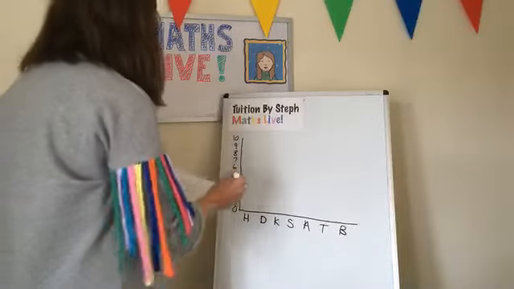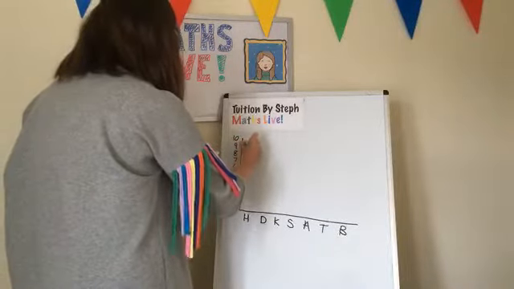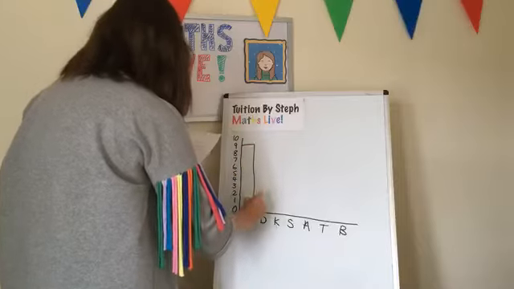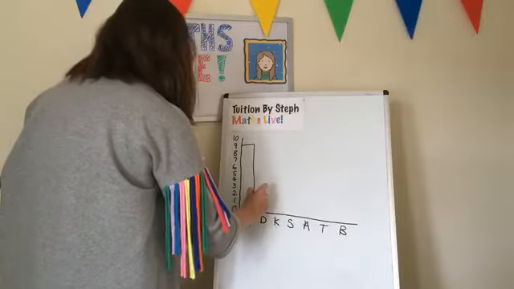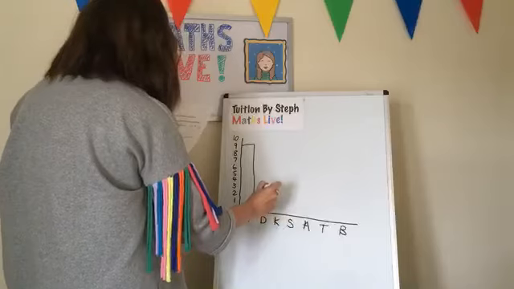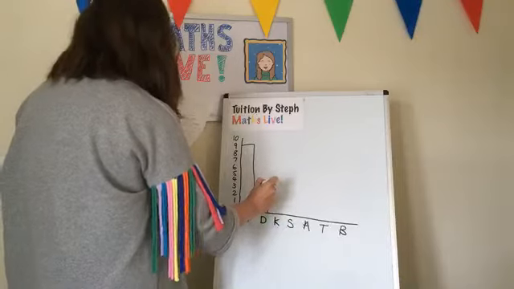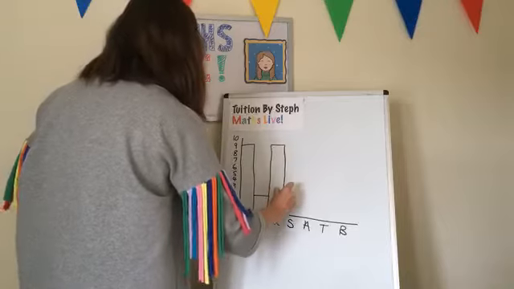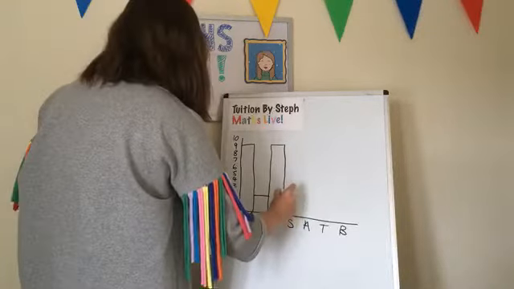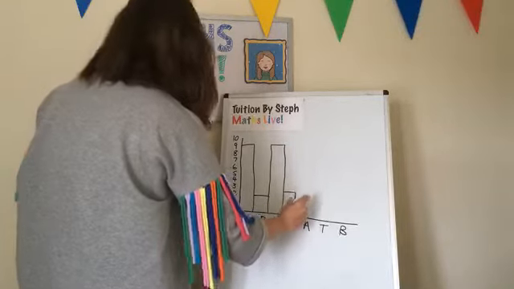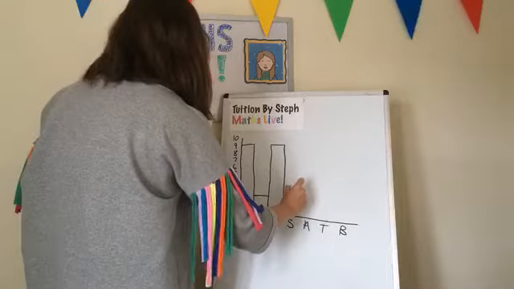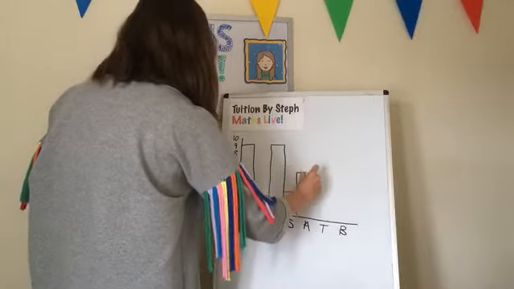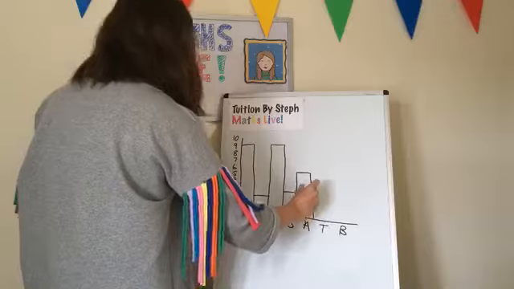And I'm going to put up how many they have. So Harold was there. Debbie was there. Kwan was up here. Sharon was here. Abby was up here.